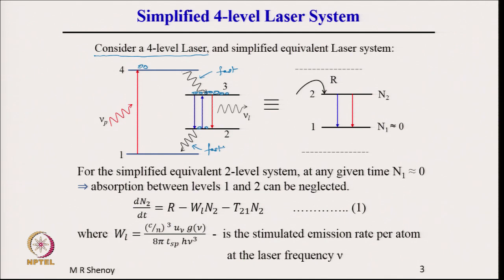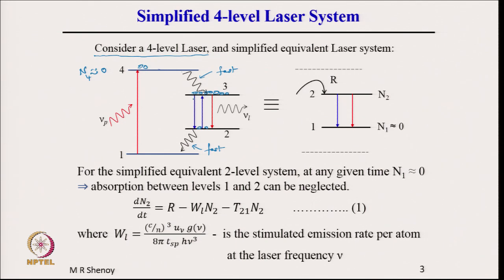Therefore, if I have a pump, at any time N4, the number of atoms in level 4, is nearly equal to 0, because whatever atoms are excited to level 4 rapidly come down to level 3.